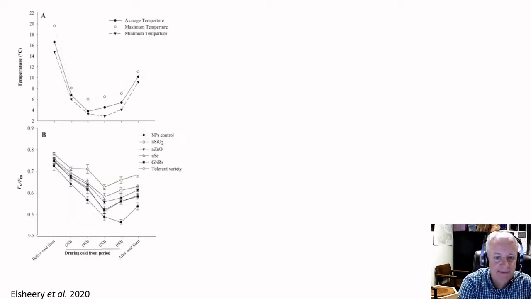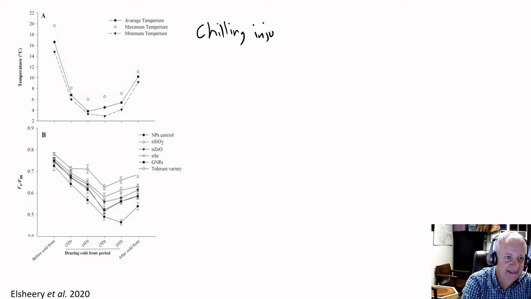And there's a fun phenomenon referred to as chilling injury or chilling effects that can be important in tropical and subtropical species, so plants that are adapted to relatively warm conditions.